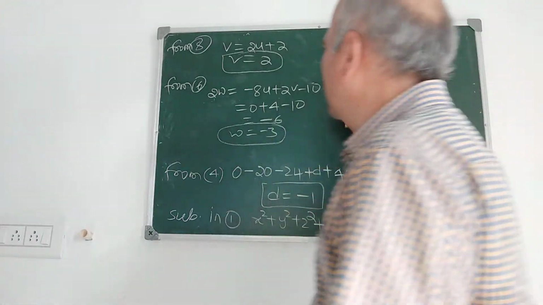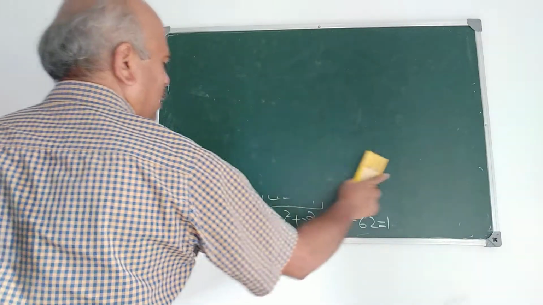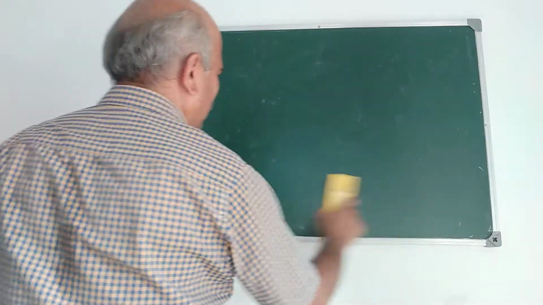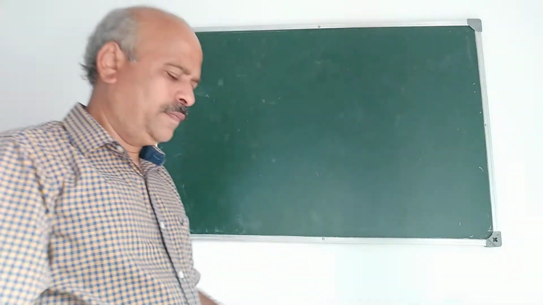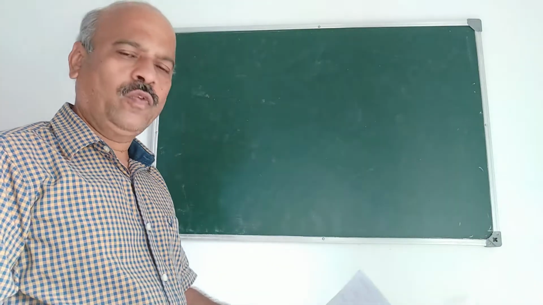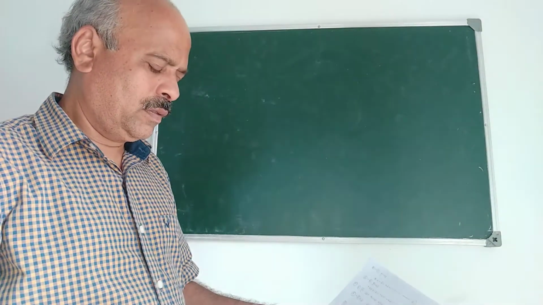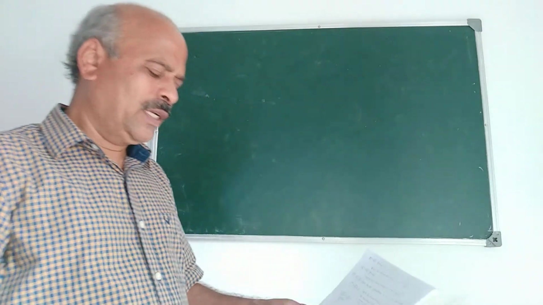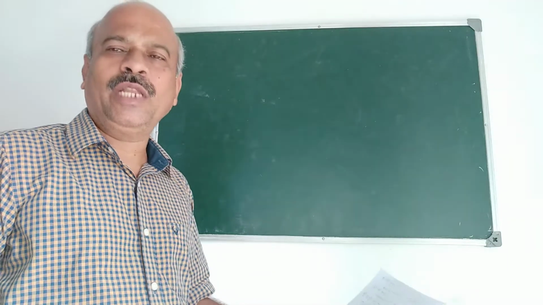And still this problem was quite easy, because as in the equation of the sphere passing through 4 points, we have not eliminated D from all the 4 equations. The last one was free from D.